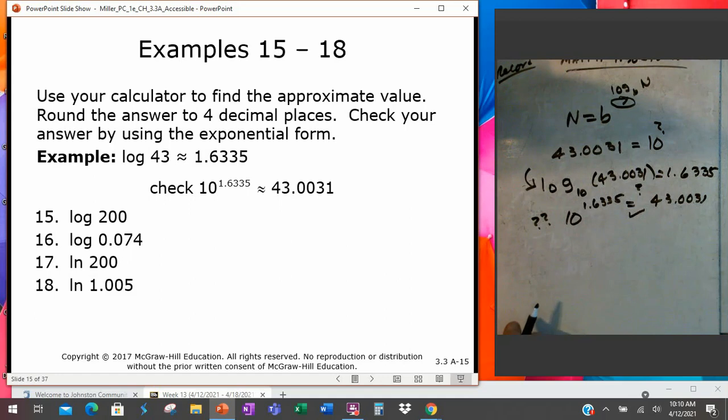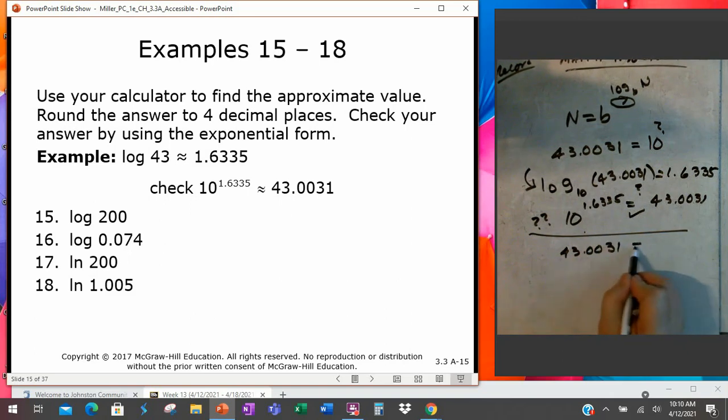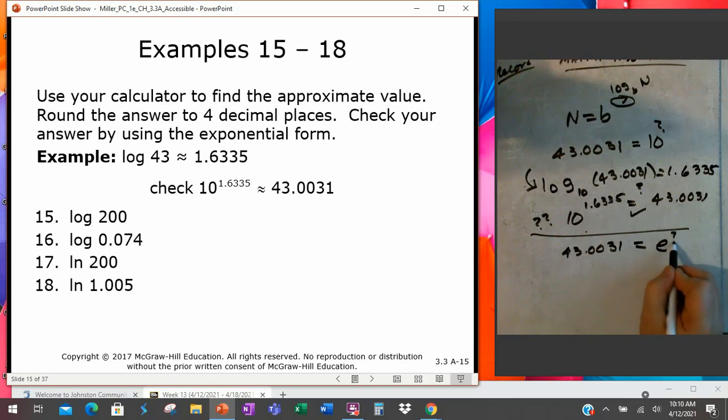You say big deal. I say, well, let's try something else. I want to represent 43.0031 as some power of e, since these two bases are readily available, some power of 2.718. What is that? It's a different number.